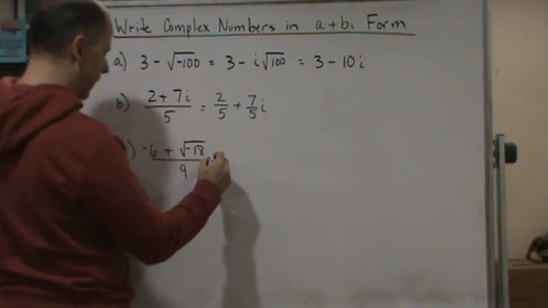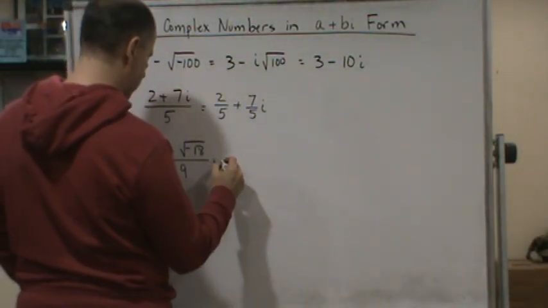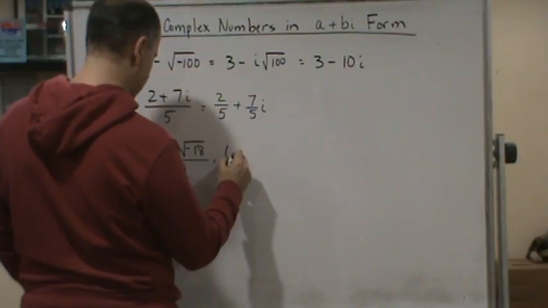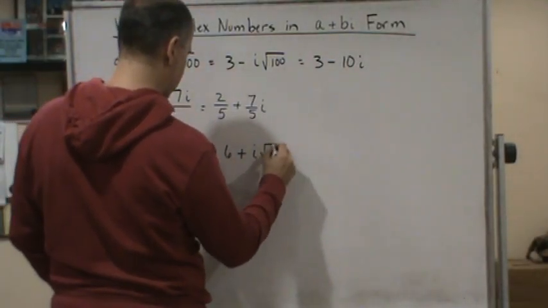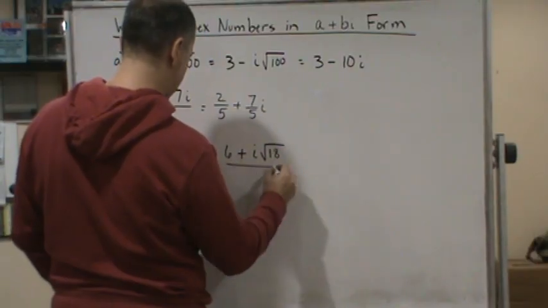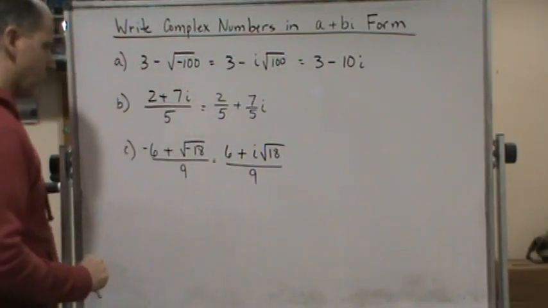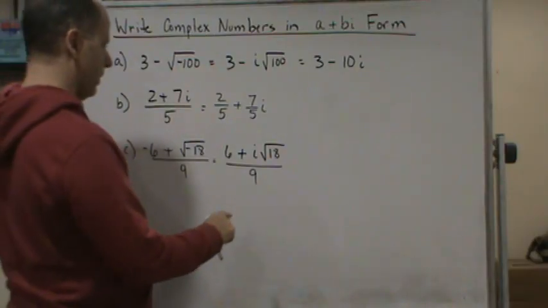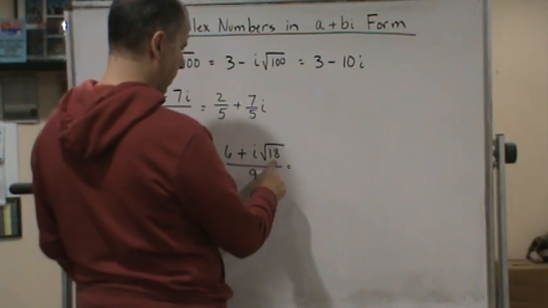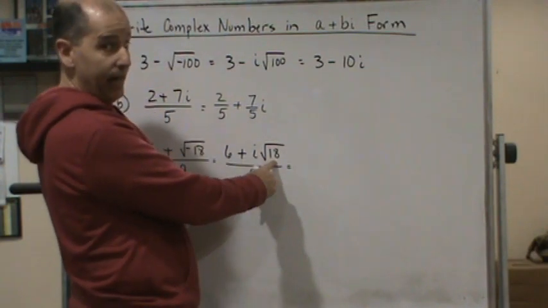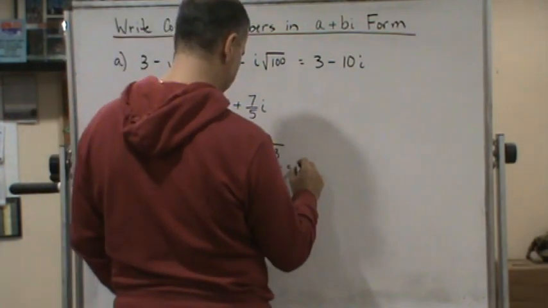Let's simplify this, right? So this is going to be 6 plus i root 18 over 9. And so let's see if we can simplify this part. We can write this as 2 times 9, which has a perfect square in there.